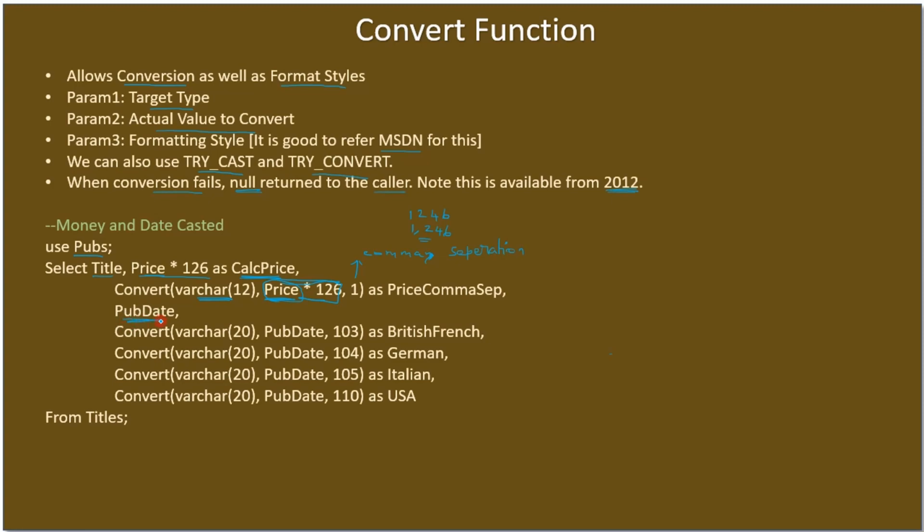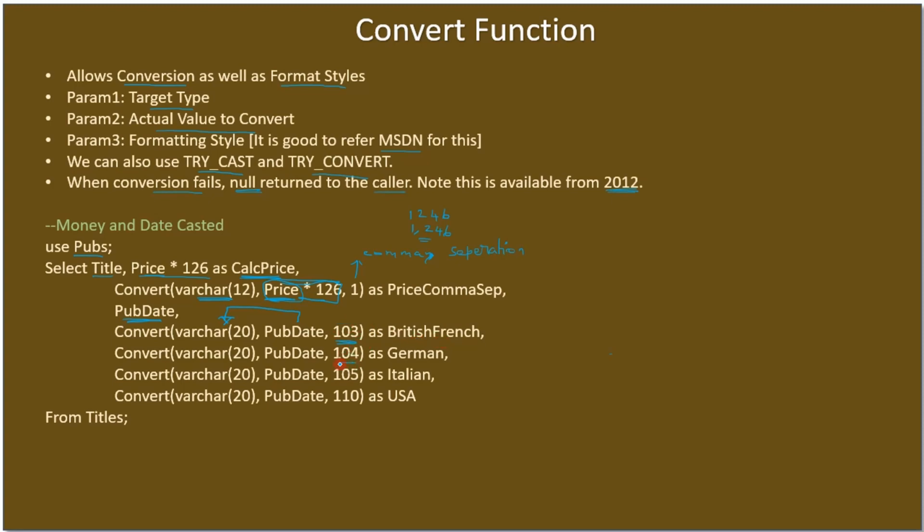Here we take a date. The pub date is a date field, right? We use convert again, with varchar as the target, and the source is actually a date. With formatting style 103, that means British French format, so we convert the date into British French format.